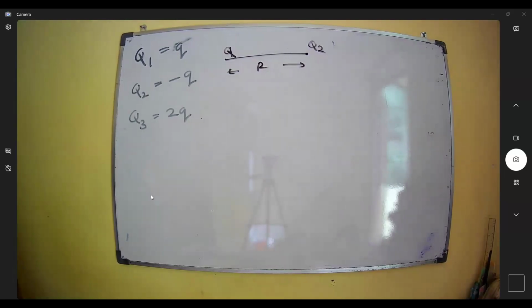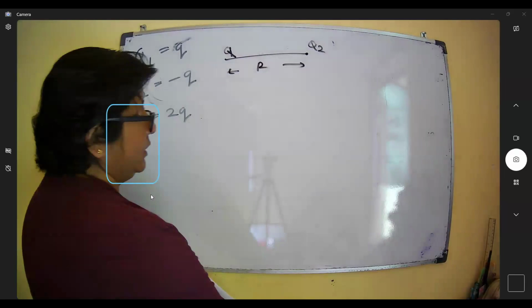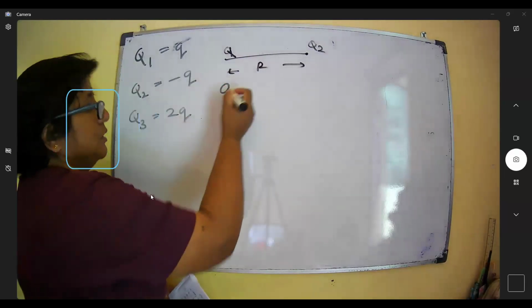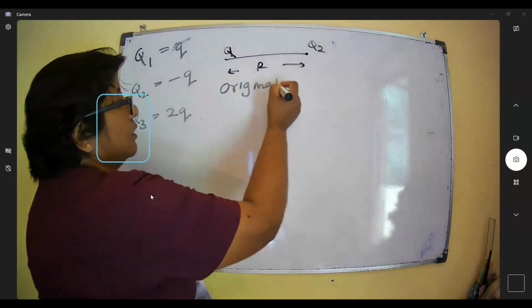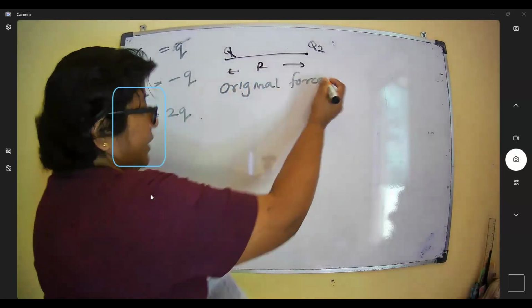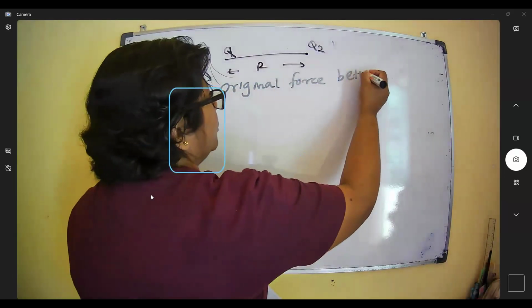So the distance between Q3 and Q1 is R by 2. Then we can find the original force between Q1 and Q2.